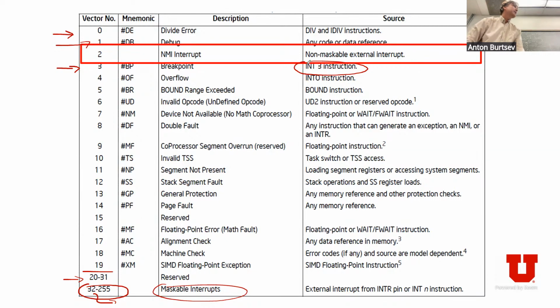You invoke a specific instruction, which is int3, and that's how you implement software breakpoints. And the hardware debug interrupts are like hardware breakpoints, right? Non-maskable interrupt, we kind of talked about it. Overflow is specifically to react to the into instruction, which I don't know if anyone uses anymore, but it's there.